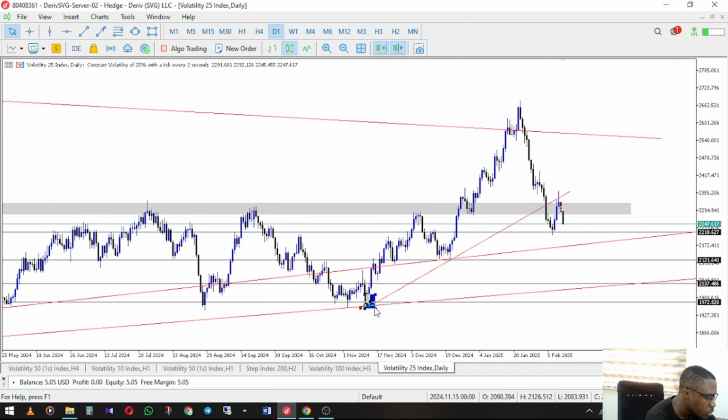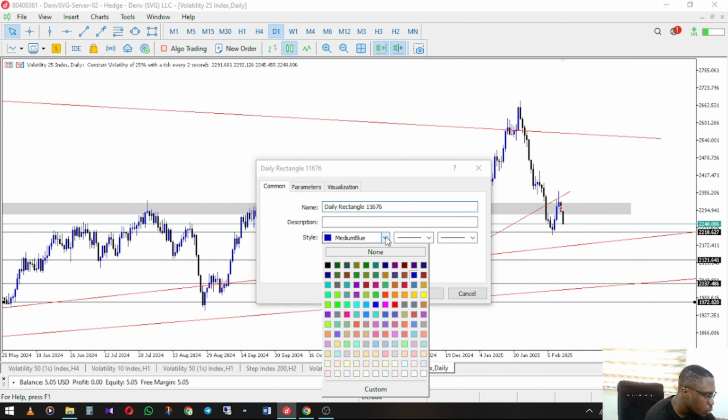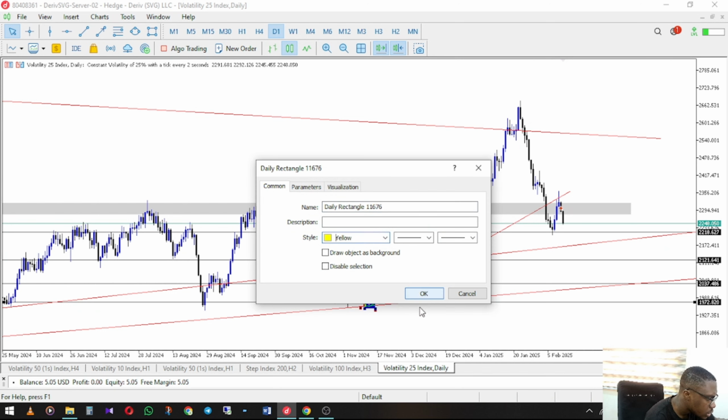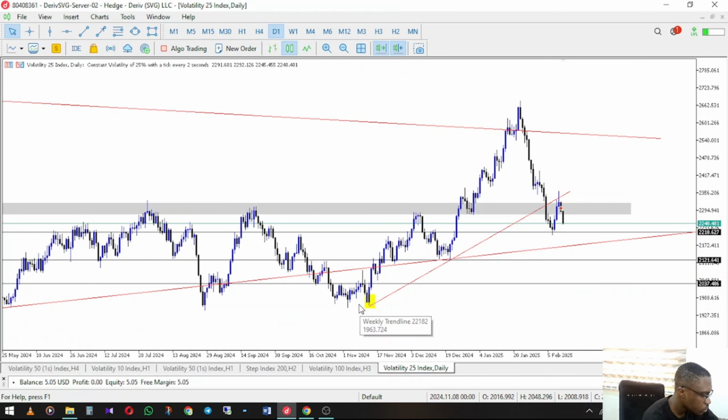You have the first one here, first touch. Let me change it, it's too obvious. Let me see if yellow goes. Okay, I think yellow goes. Sorry, I had to delete that line. I will still draw it. We have the first touch here, and then we have another one here.